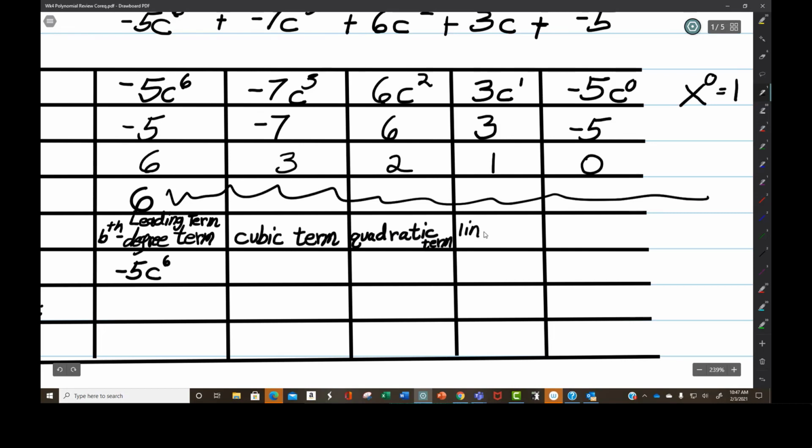Linear term. And all 0 degree terms are called constants. So you have a leading term, you have a cubic term, quadratic term, linear term, and constant term. And it's all governed by the power, the degree of the term.